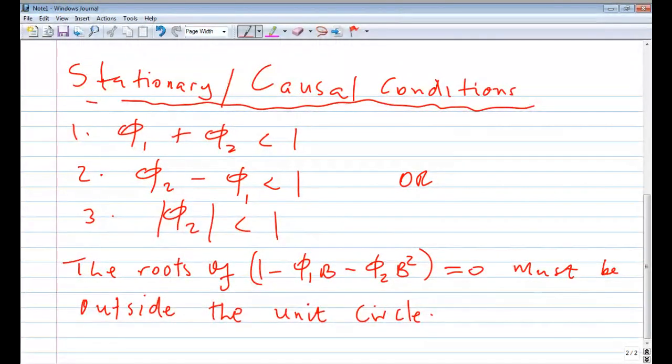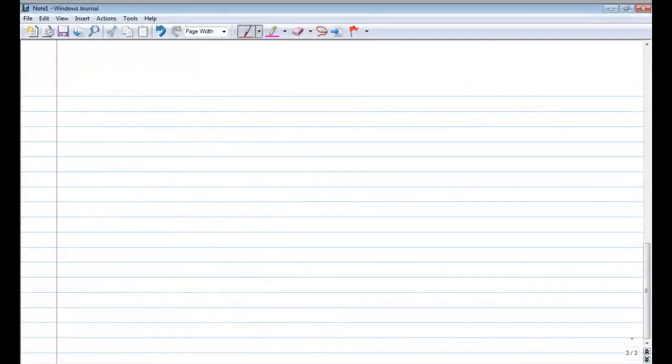The method that you can use to calculate the autocorrelation functions without calculating the autocovariance first, we call it the Yule-Walker equations method. This is the method that I just want to introduce for you.